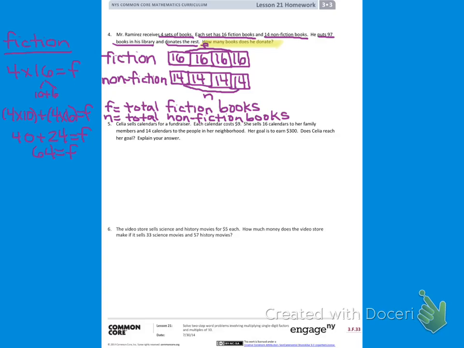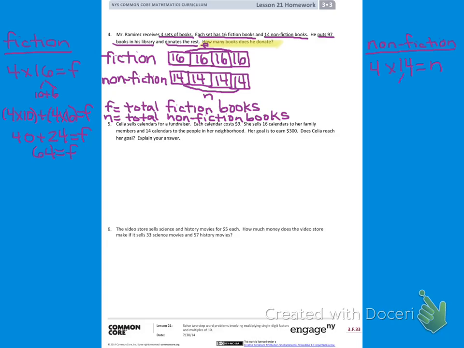Now let's figure out how many nonfiction books he received. I'll label it over here. When I label things, it helps my teacher to know what each of the equations are for. The picture shows that I have 4 groups of 14, and that equals N, or N, remember, is the total of nonfiction books.